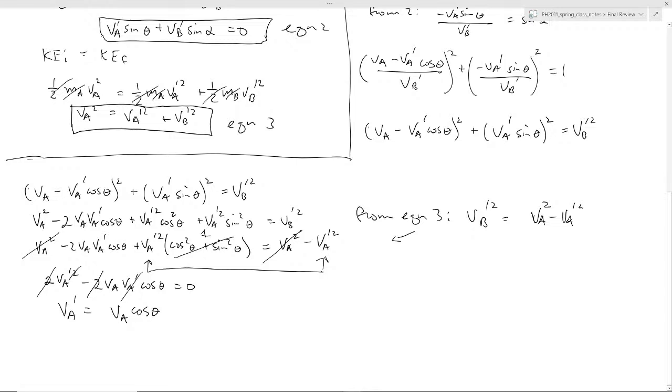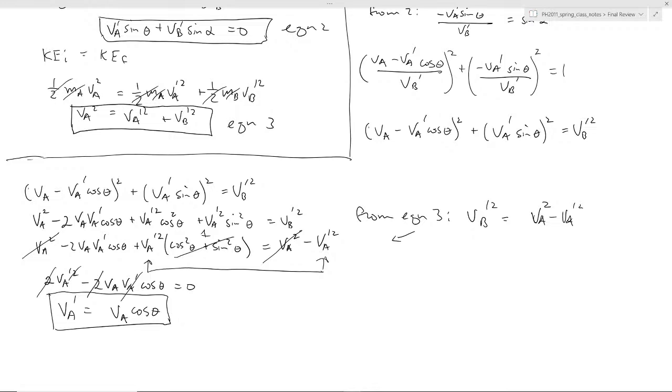And we know VA, we know theta. We can compute what that is. So this is a nice, concise result for VA prime.